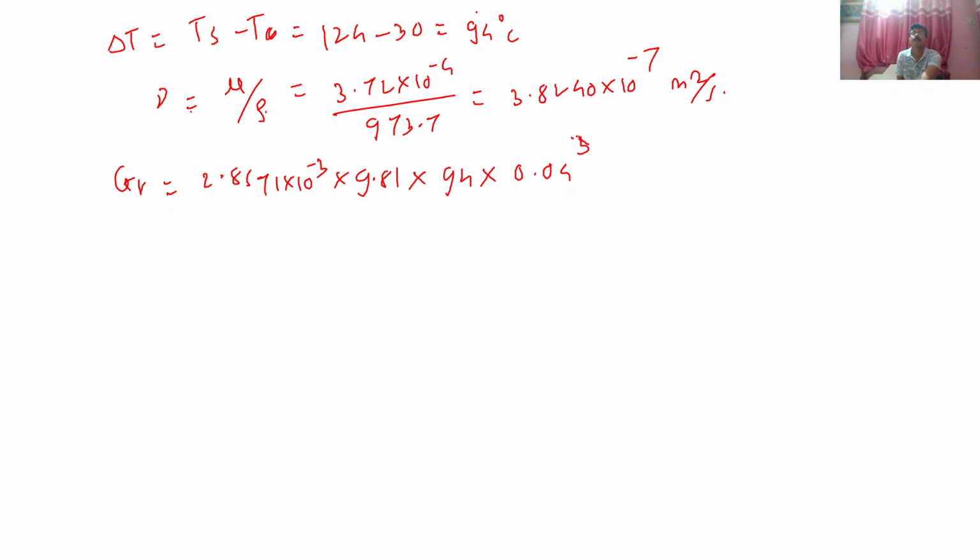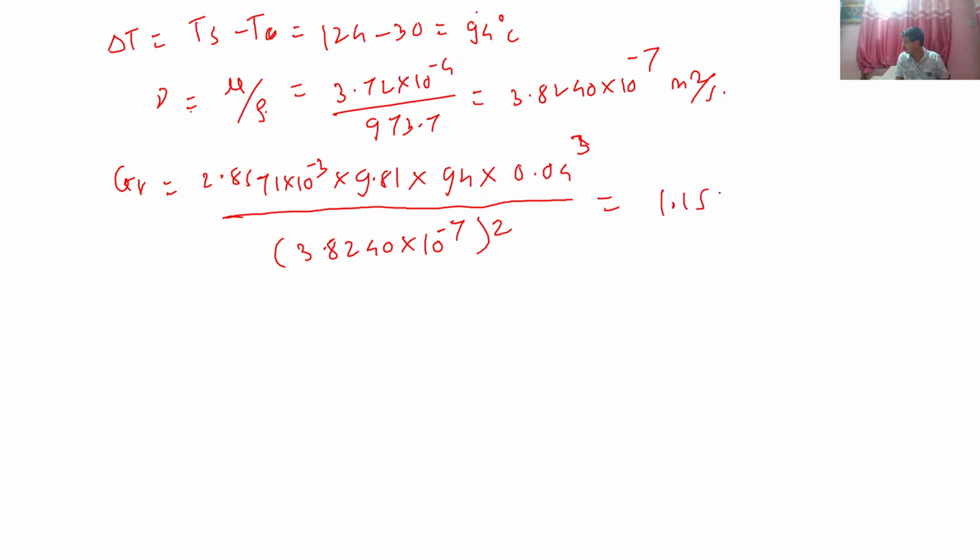Lc cube, okay, and nu square. Nu means kinematic viscosity, just now calculated, 3.8240 into 10 raised to minus 7 full square. If I calculate it, the Grashof number comes around 1.1552 into 10 raised to 9.